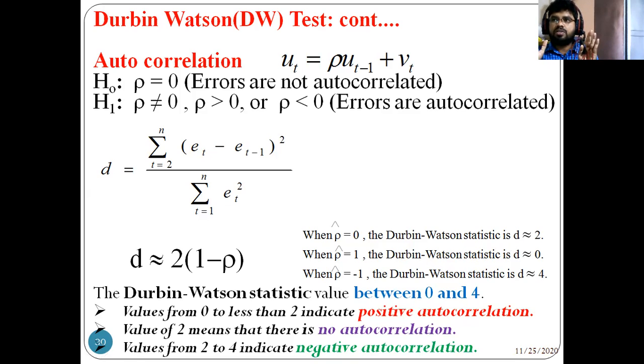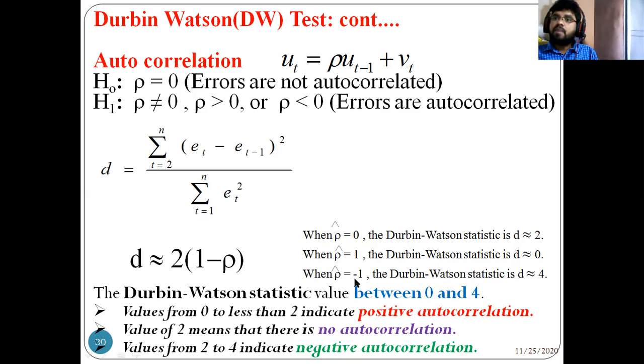For example, when estimated rho is equal to 1, what does it mean? It means that your present year depends on its previous year perfectly. So generally we can say that the D value will be 0. When rho is equal to 1, D is equal to 0. It means that there is an autocorrelation problem in your model.